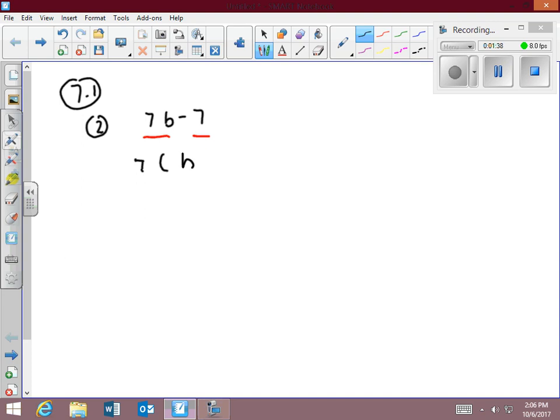B. And what is left in the second term? 1. Because this is actually 7 times 1. So if you take the 7 out, you'll have a b for the first term and a 1 for the second. Because you've got to be able to multiply this and distribute it across here and get these problems. Okay?